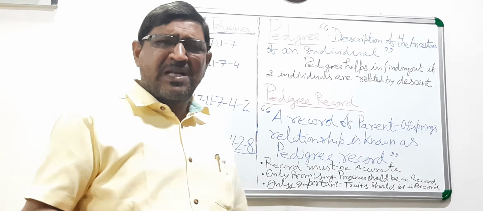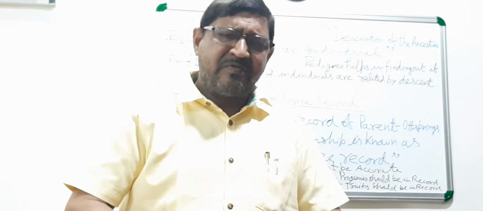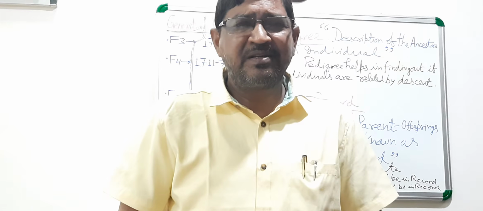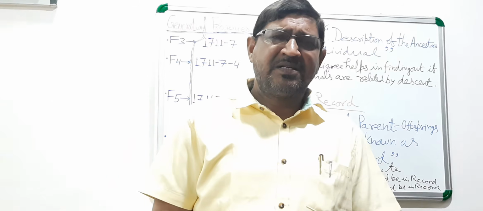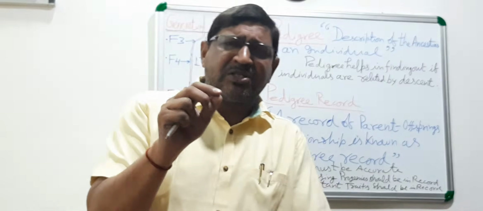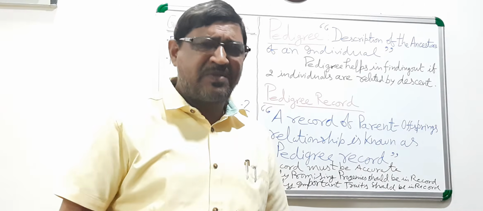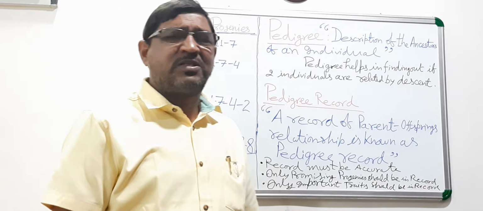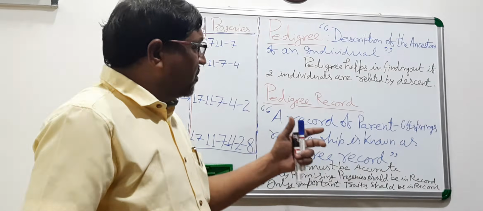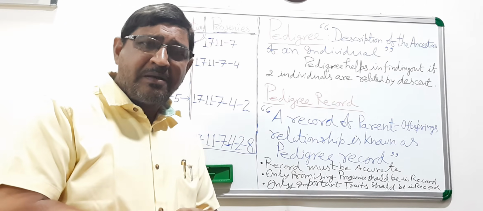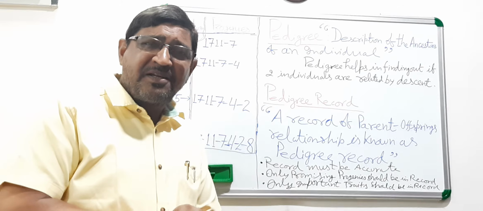Likewise, a plant you have selected which is having a large number of effective tillers, you mention that. So you mention the desirable traits in your pedigree record, not all the traits of that particular plant or progeny. So this is all about the pedigree record.